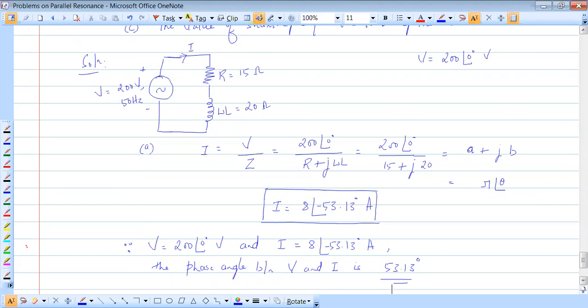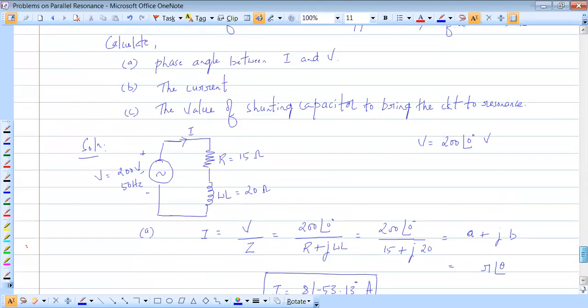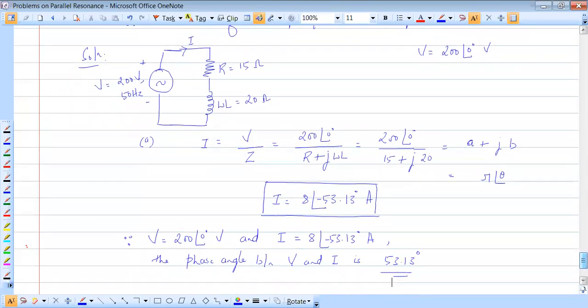Everybody's okay with that? Now we have found out the current also. Finding out current is question number B, and this is the answer for question number A. So we have found out the current and the phase angle.